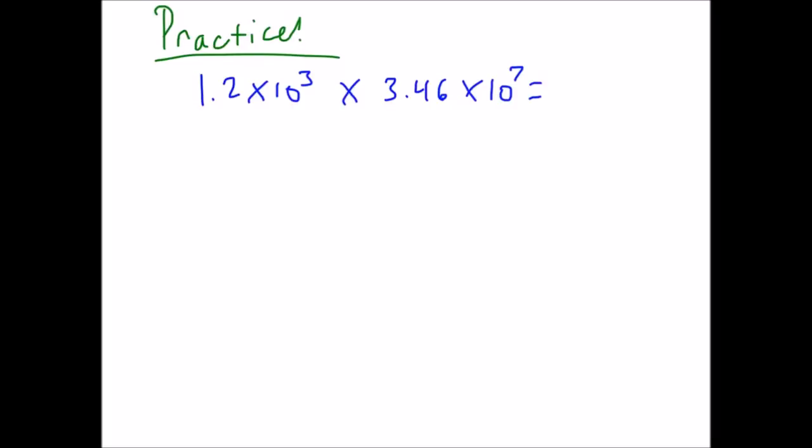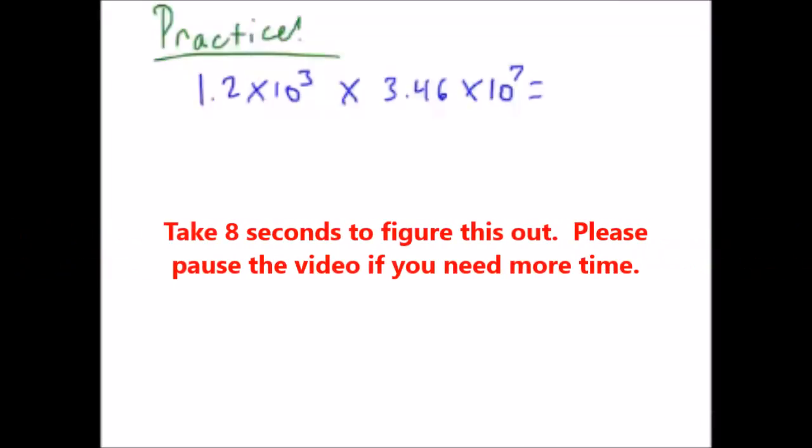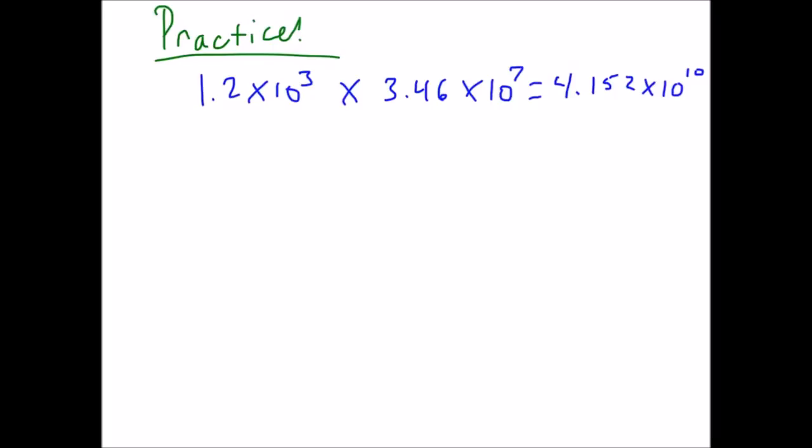So take a couple of seconds to do that. If you need to, pause the video and then I'll put the answer on the screen in just a second. Okay, and you should have come up with 4.152 times 10 to the 10. If you didn't get that right, then go back and review what we just watched and see where you missed.